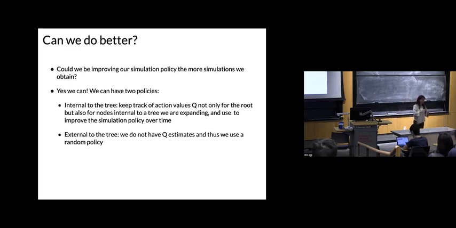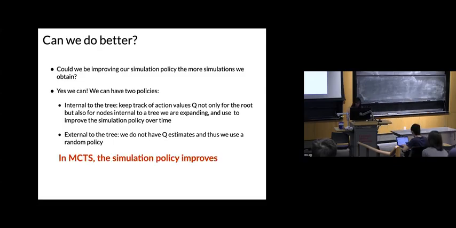We're going to be using capital Q estimates and upper bounds. So we're going to use the UCB to sample actions, balancing exploration and exploitation. So we're going to do something very intelligent inside the tree and something completely random outside of the tree. But over time, this internal tree will be expanding. So overall, our policy will be improving and improving and improving, okay? So that's all this says.